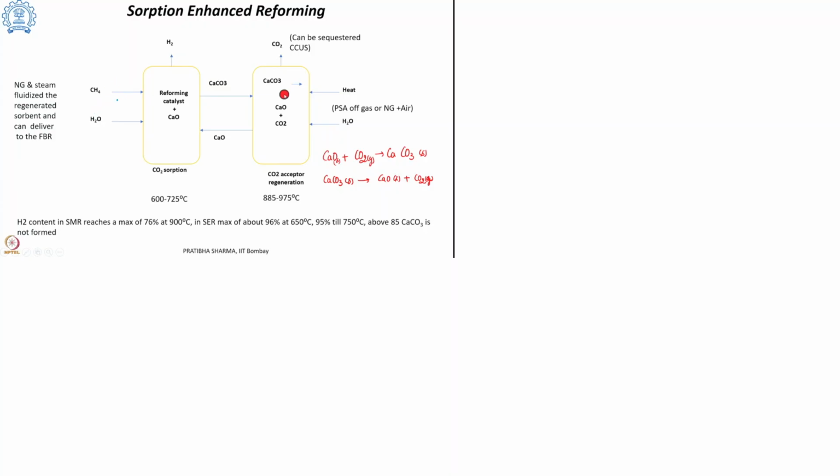The reaction process is almost similar. Here the inlet feedstock is CH4 and water, coming into the reactor. In the reactor, with the help of the catalyst, it will produce syngas, hydrogen gas and carbon monoxide.